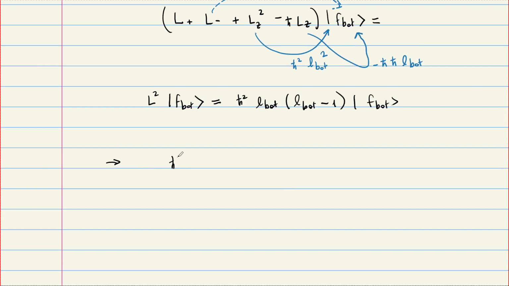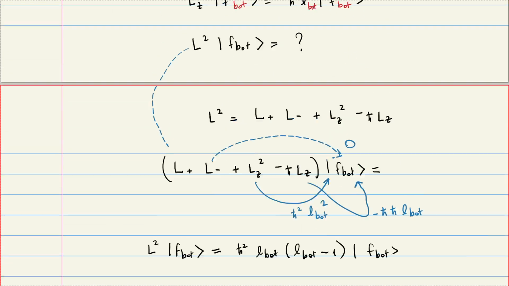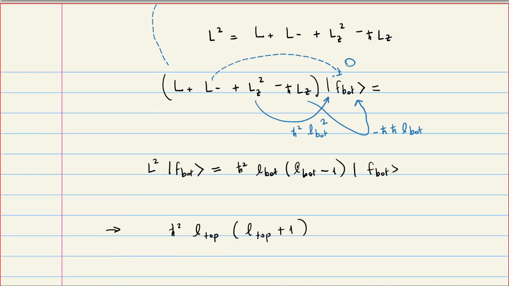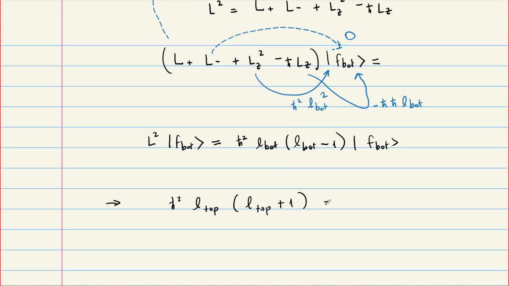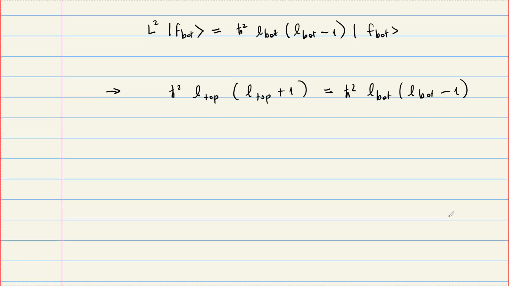So h bar squared L top plus 1, I think it was plus 1, yes, should be equal to h bar squared L bottom minus 1. Good.